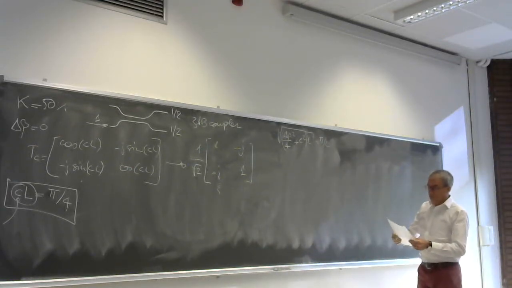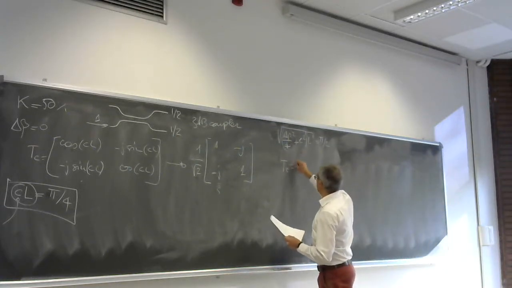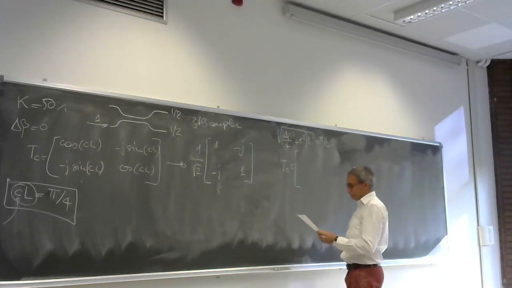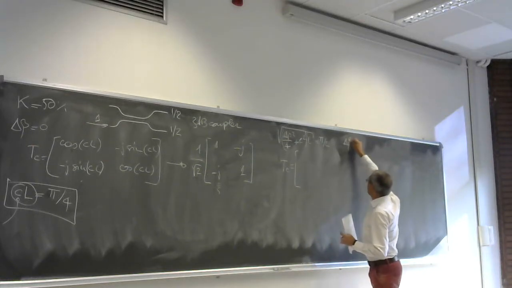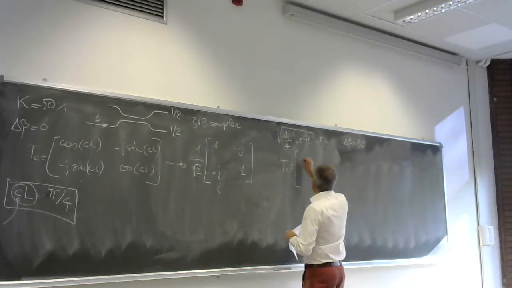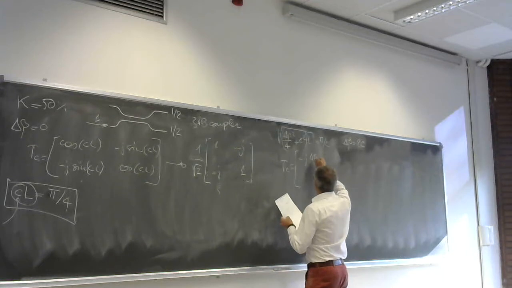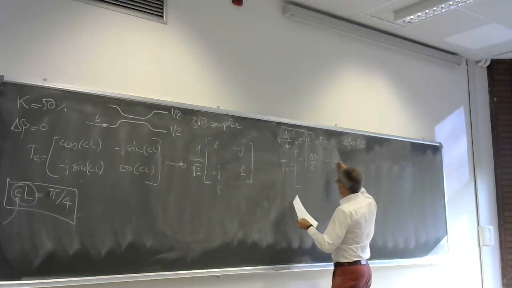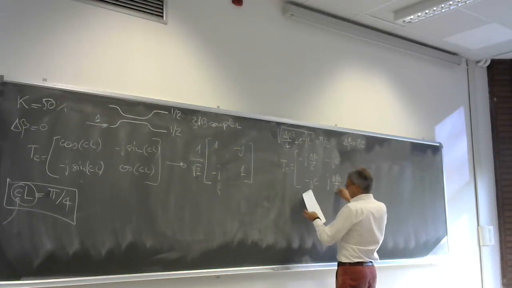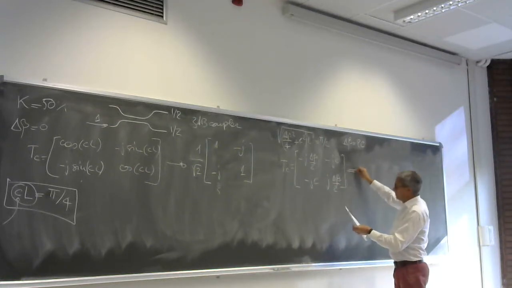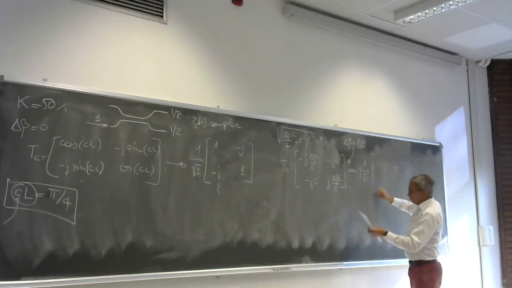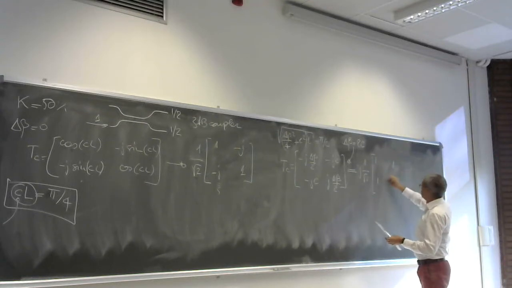If we assume this one, the transmission matrix of the asynchronous coupler, because this is asynchronous, with the assumption delta beta equal to twice the coupling coefficient, we get this: j delta beta over 2 and so on. And it becomes, with this condition, j times 1 over square root of 2 times 1, 1, 1, minus 1. Okay.